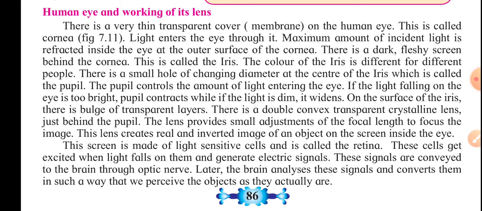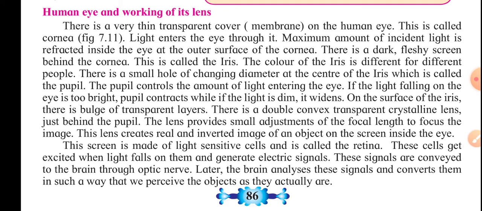Then we studied the lens formula, magnification formula, and power of a lens. All these things we had already studied in the previous two videos. So in this third video for this chapter, we are going to see the human eye and the working of its lens.